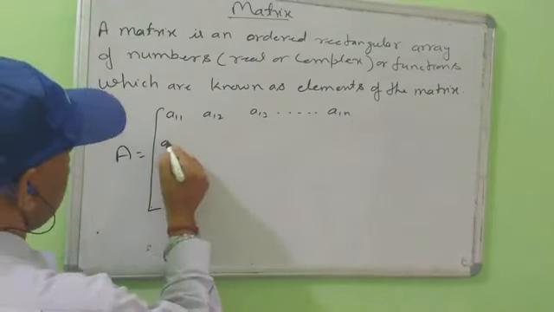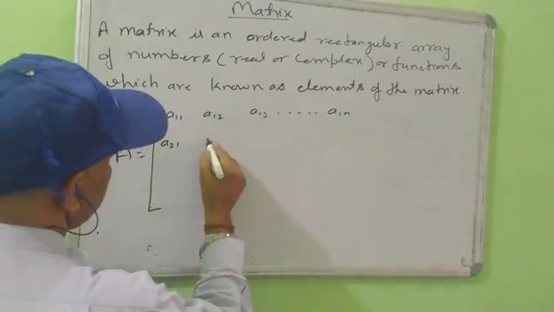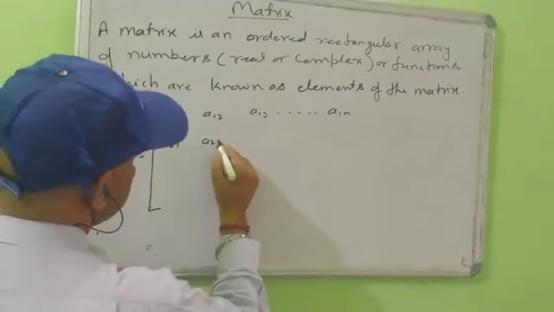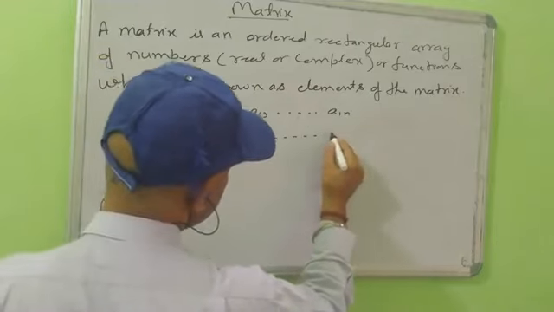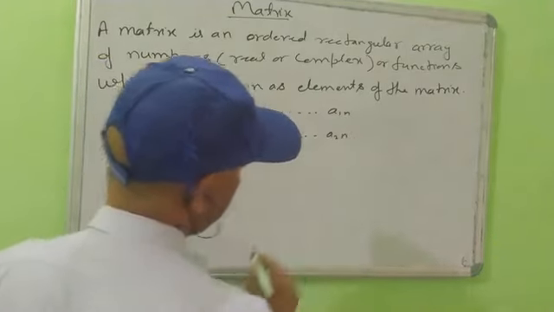After that you write second row, first column, second row, second column, second row, third column, dash, dash, dash, second row, nth column.